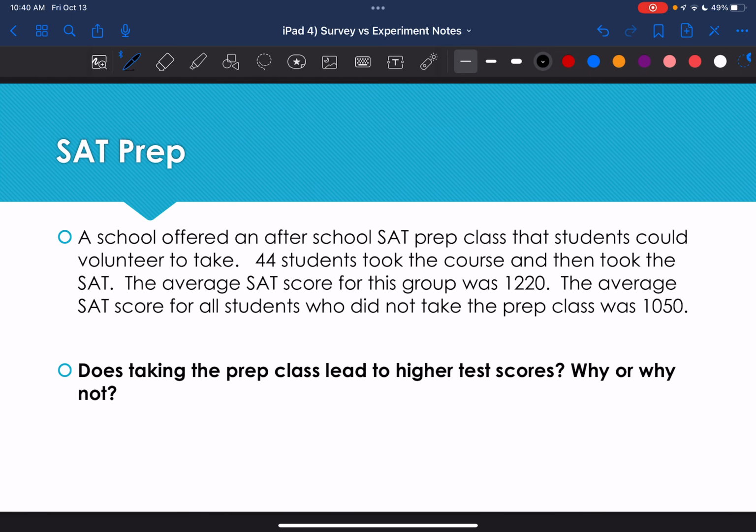Does taking the prep class lead to higher test scores? Why or why not? I don't think I could say that, at least not the way they did it. And here's part of it. Students can volunteer to take it.